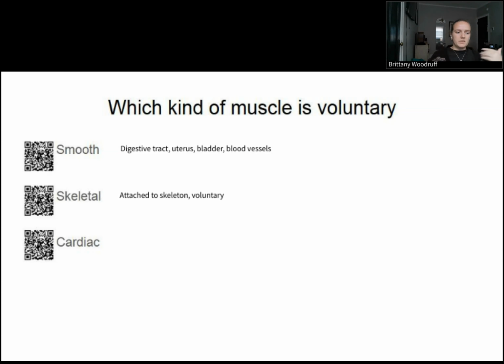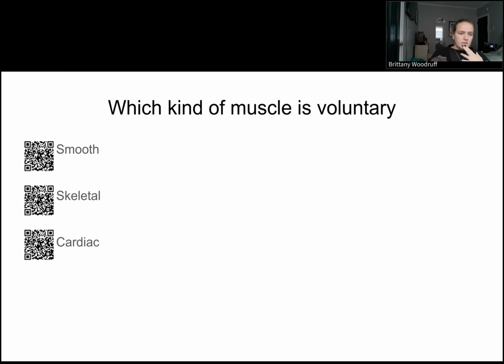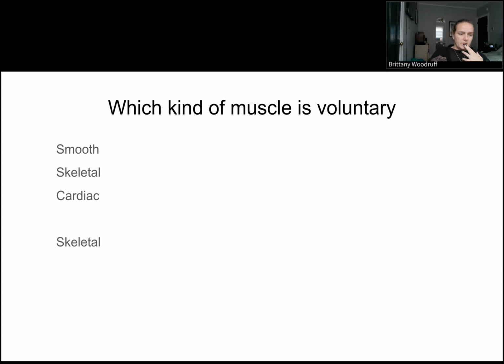So skeletal muscle is considered voluntary. Cardiac muscle, again, is found in the heart. You don't have to think about making your heart beat, so this is also considered an involuntary muscle. Okay. So the correct answer to this one is going to be B, skeletal muscle.